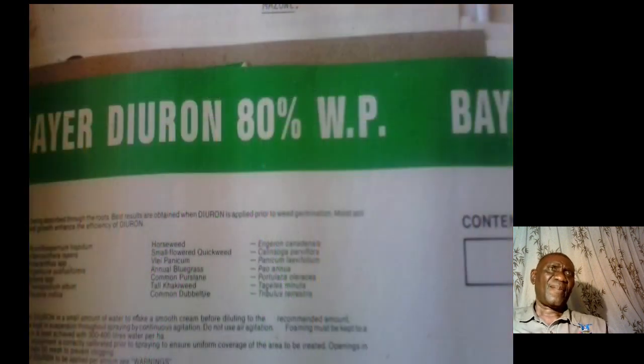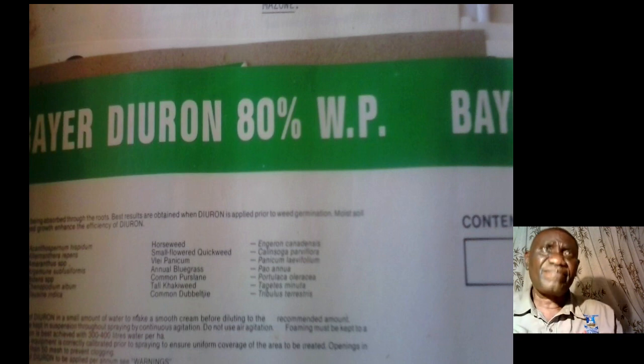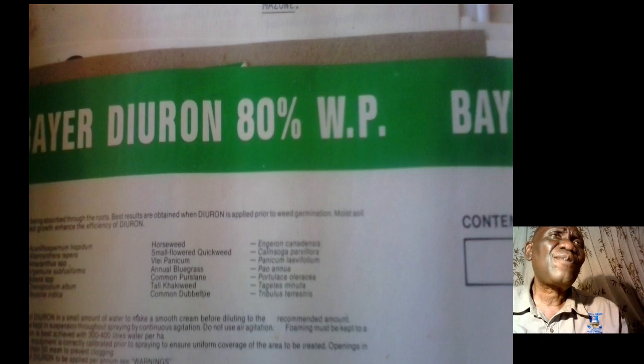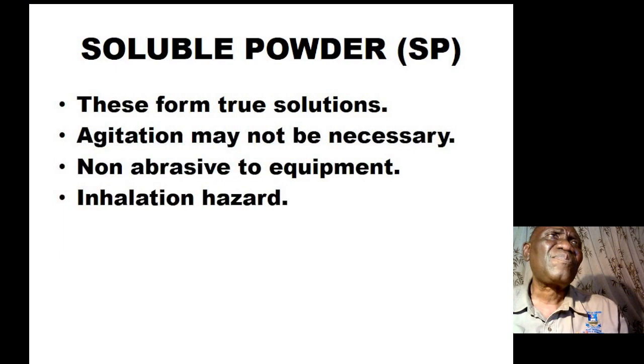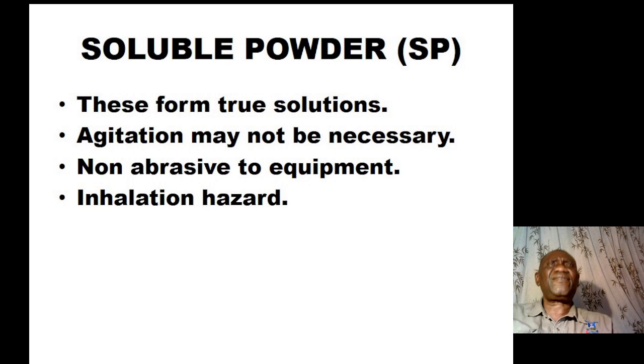I don't think this type of atrazine is commonly used nowadays. Diuron wettable powder is another oral herbicide in the form of dust. So this is so much for the wettable powders.